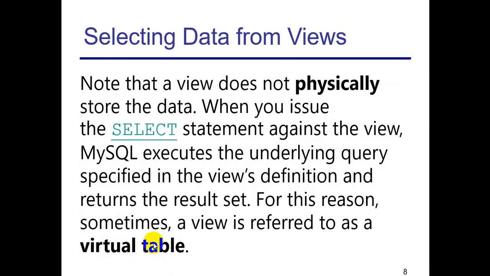It runs the same query that was specified in the view's definition, and it returns the result. For this reason, a view is sometimes referred to as a virtual table. Views are also known as virtual tables because you can interact with them similarly as you interact with tables.